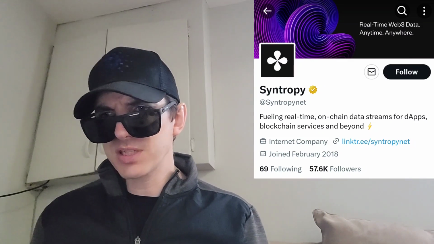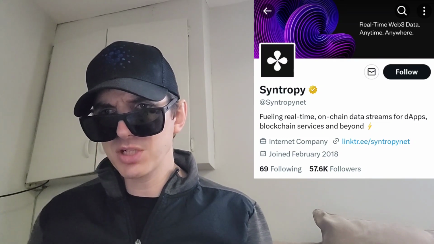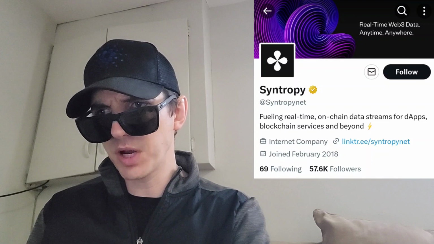Syntropy's ecosystem is a vibrant mix of data publishers, developers, applications, and end users, all collaboratively employing the data layer to ensure swift and seamless access to real-time historical on-chain data. It's an ecosystem committed to democratizing blockchain data access to everyone.